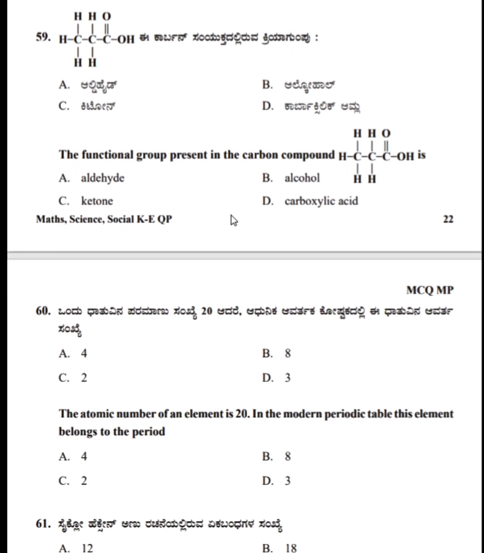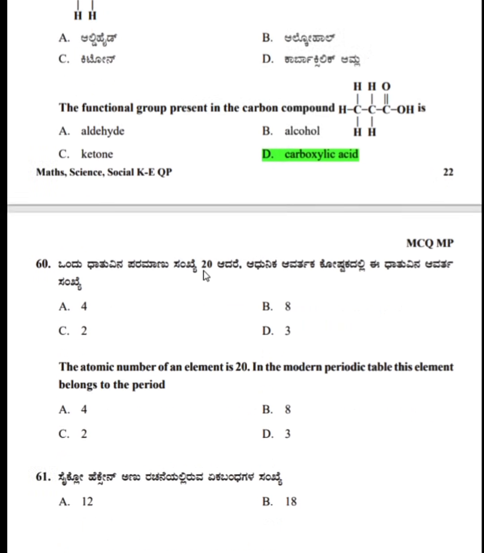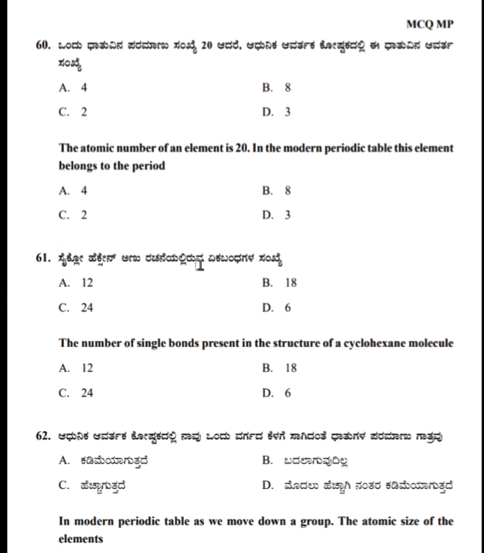Question number 59. The functional group present in the carbon compound, as you can observe in the structural formula given, you can see that the functional group is COOH, that is carboxylic acid.